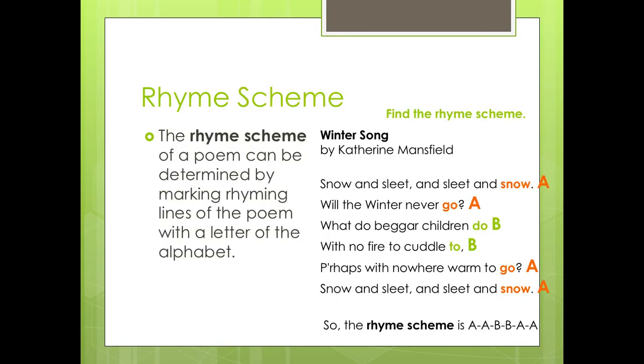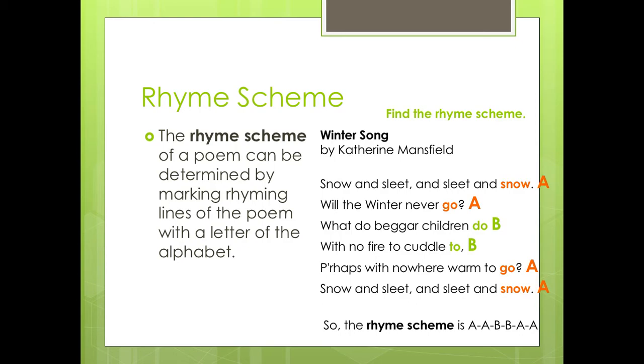Then we have rhyme scheme. Rhyme scheme is a pattern in a poem. Snow and go rhyme, do and to rhyme, but then snow and go rhyme again. So the rhyme scheme is A, B, B, A.